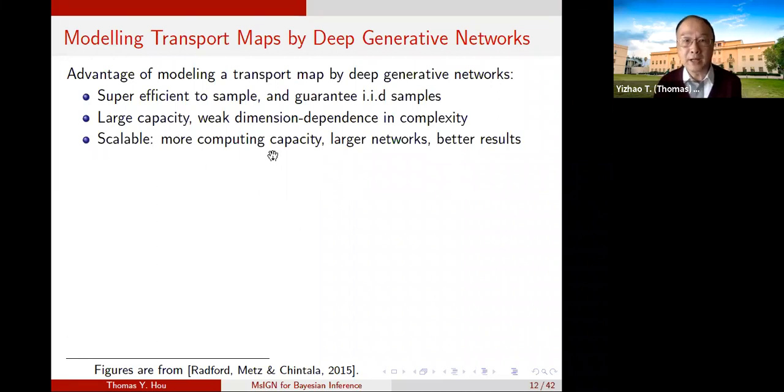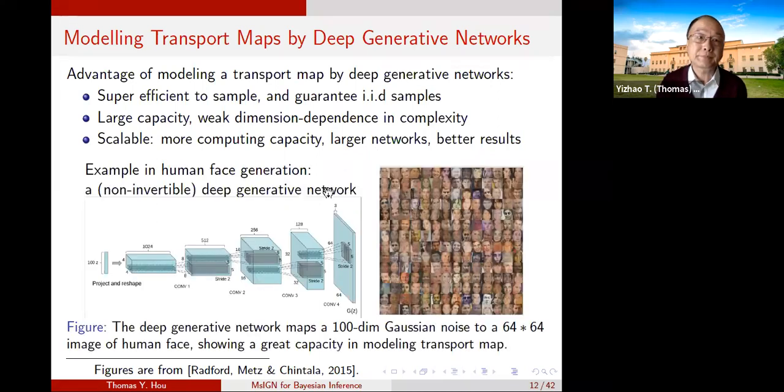It is also very scalable. Suppose you have access to much larger computing capacity, then you can build a larger network and get a more accurate result. You don't need to change the setup, just more compute, faster.